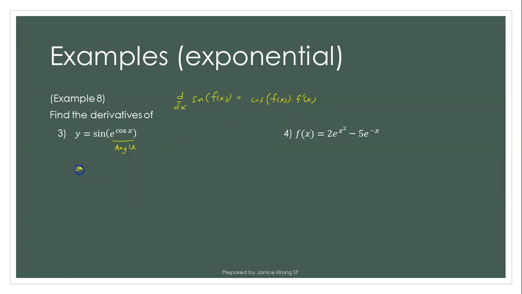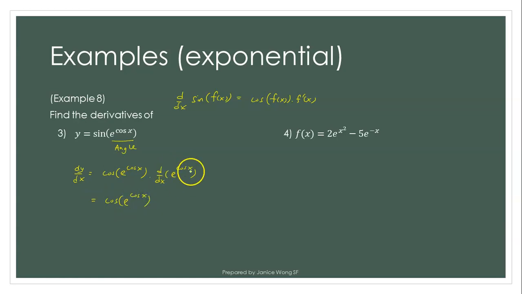So we start to differentiate sine with the angle e to the power of cos x. Dy over dx will be equal to cos of the same angle. Differentiate sine, we get cos. Then we need to times the derivative of the angle, which is e to the power of cos x. Continue, copy the same term in front.